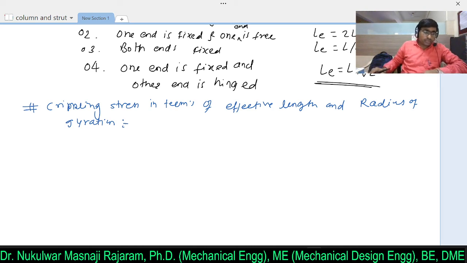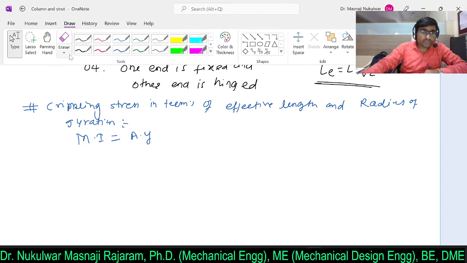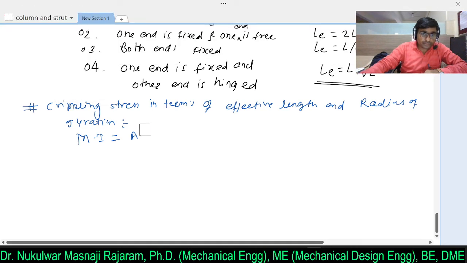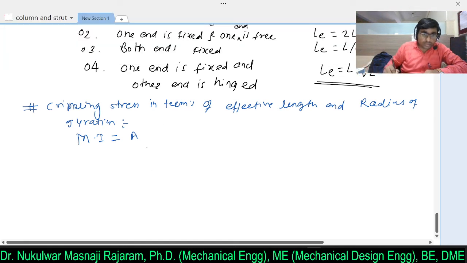Clear? So if I want to evaluate the moment of inertia, then this moment of inertia is nothing but the second moment of area. So if I want to write it in terms of radius of gyration, that is a distance, and this is an area.